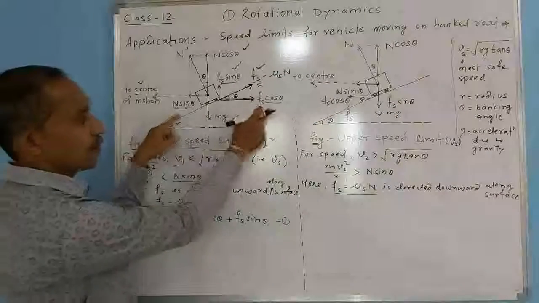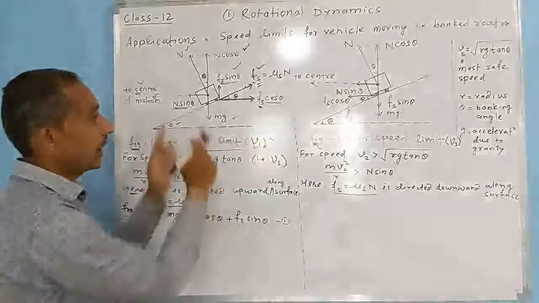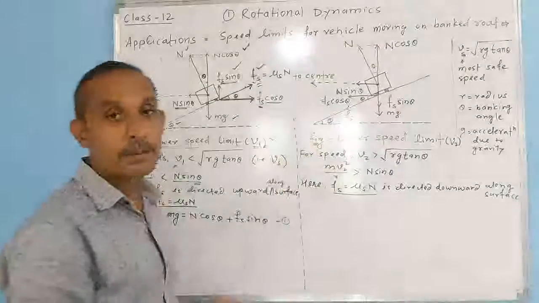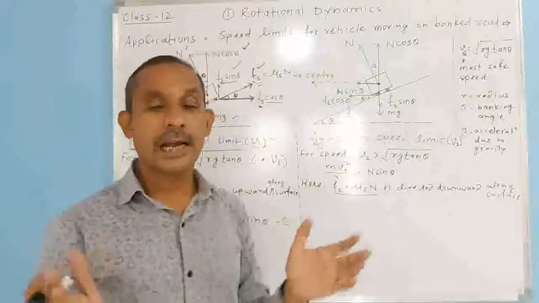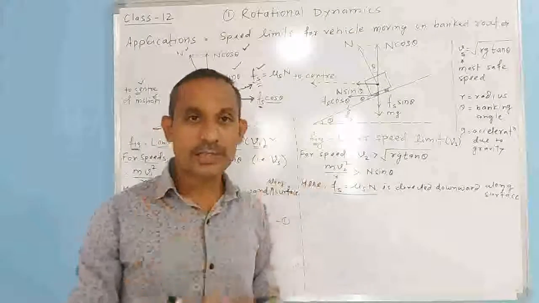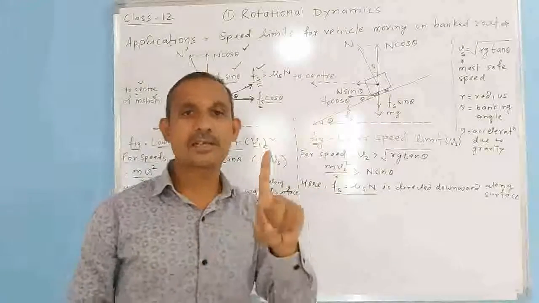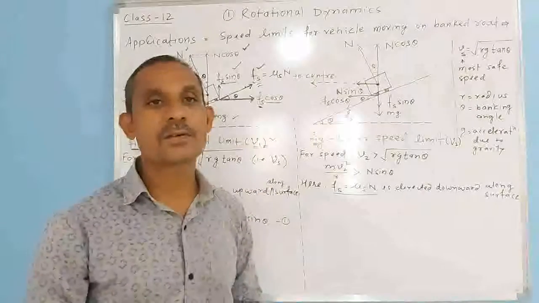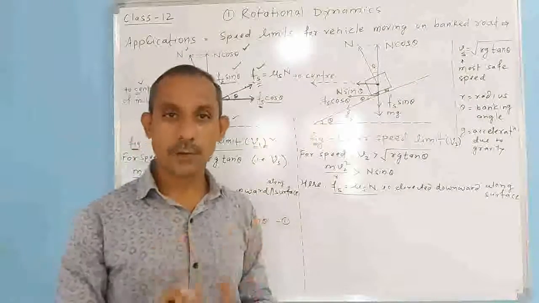So these two components are oppositely directed, and they are adjusted in such a way that they give rise to a single resultant force, and that resultant single force is nothing but the centripetal force.